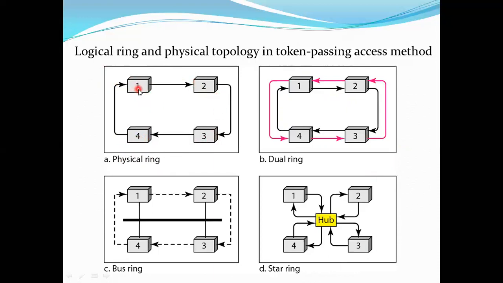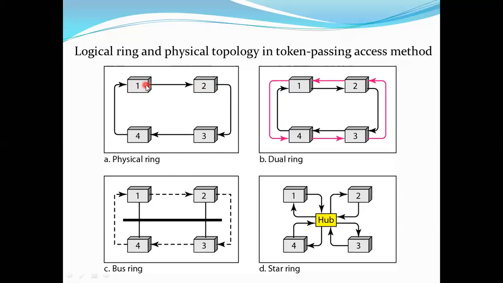You can see here station 1, station 2, station 3, and station 4. Station 1 should have the address of its successor station. What is the successor station for station 1 here? Station 2 is the successor station for station 1.